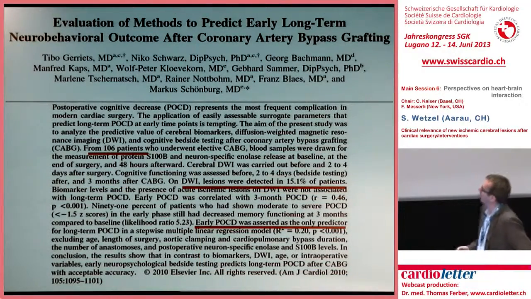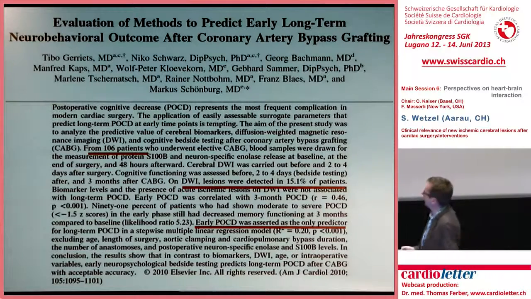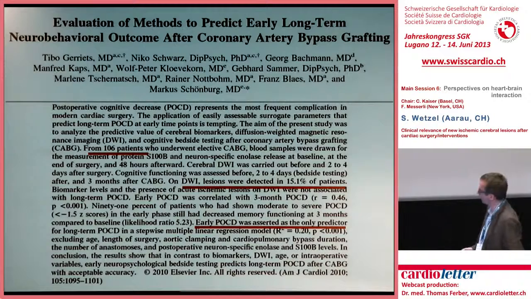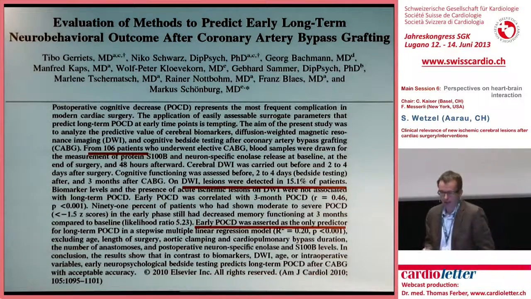And another study, a little larger, most recently published, 160 patients, again, bypass surgery. They had only 15% DWI lesions. You see the big span. Again, DWI didn't help to predict the cognitive decline.